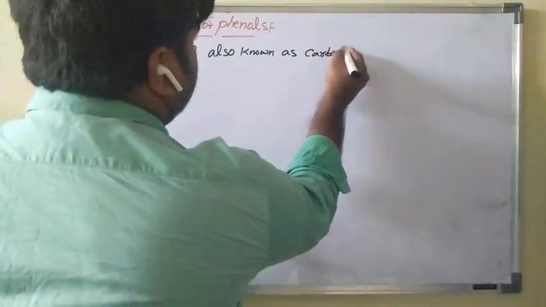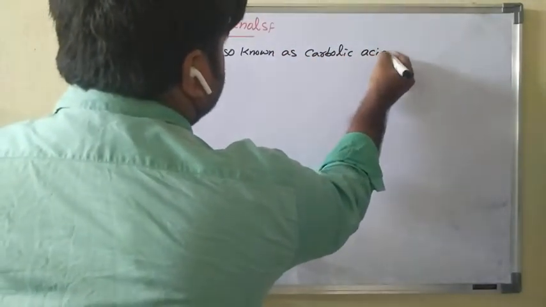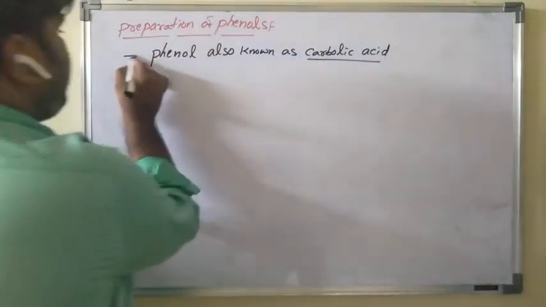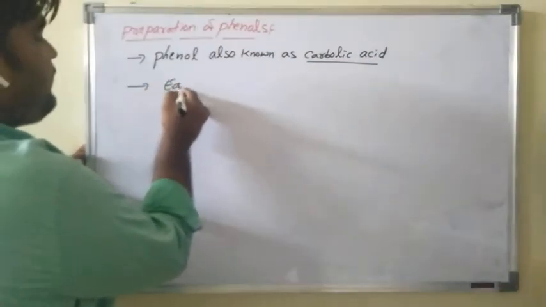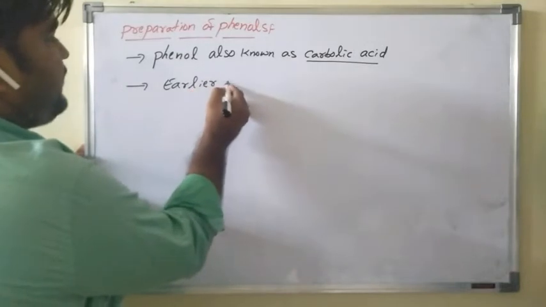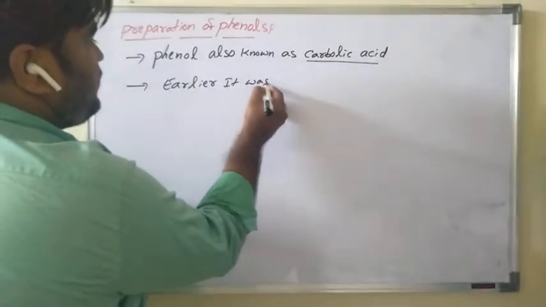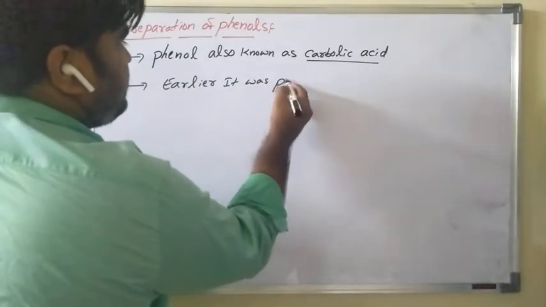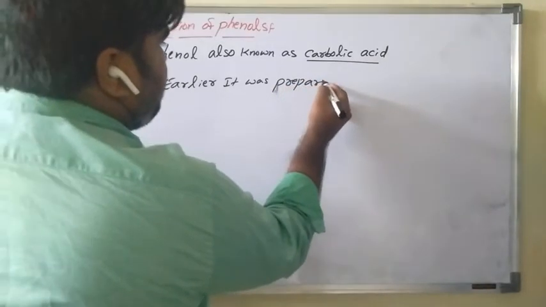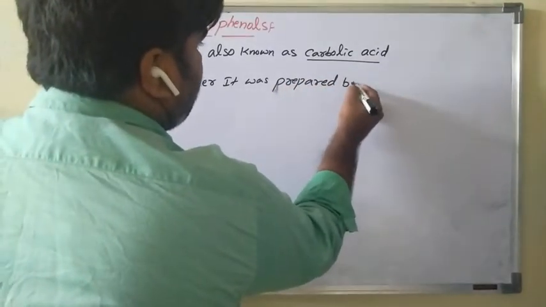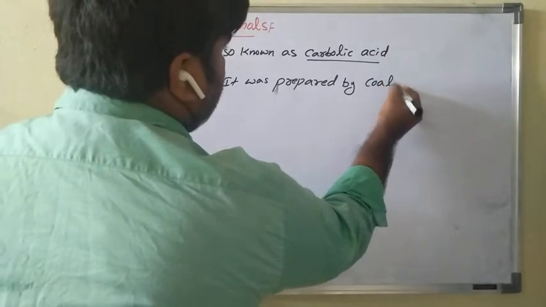Carbolic acid. Phenol is also known as what? Carbolic acid. Earlier it was prepared from coal tar.